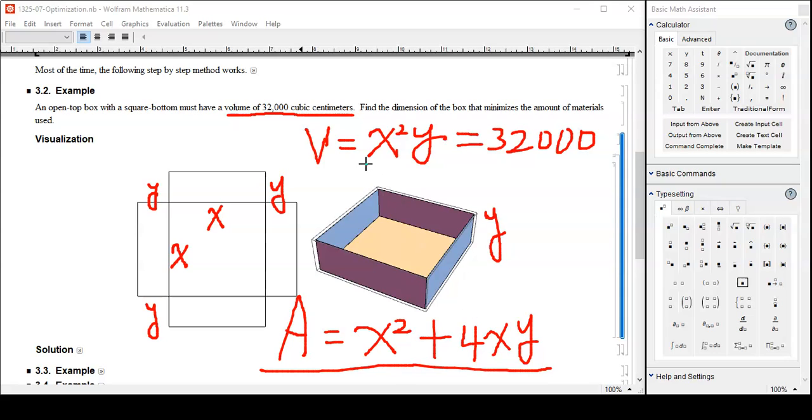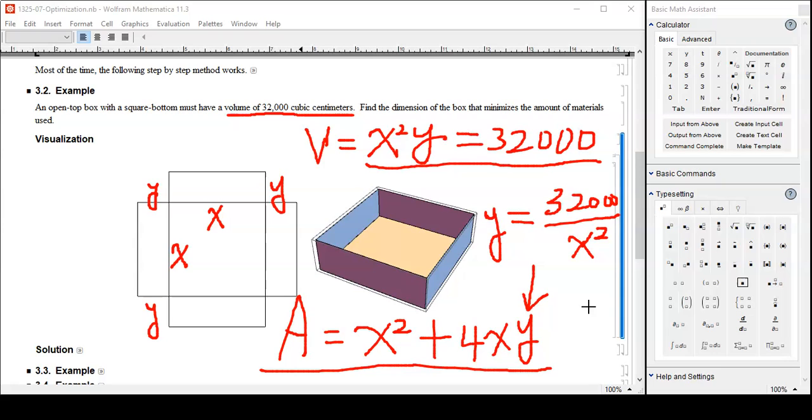So what we are going to do is solve for y from the constraint condition: 32,000 over x squared. If I plug it right here, I get a function of one variable only, just a function of x.